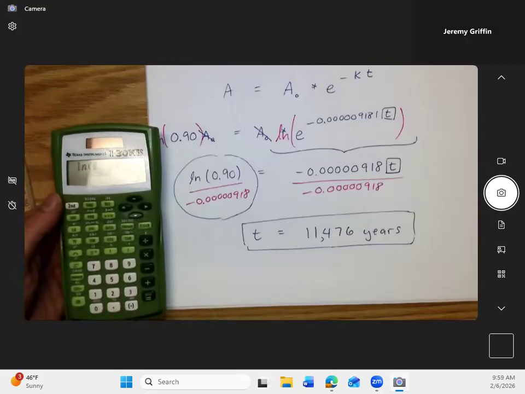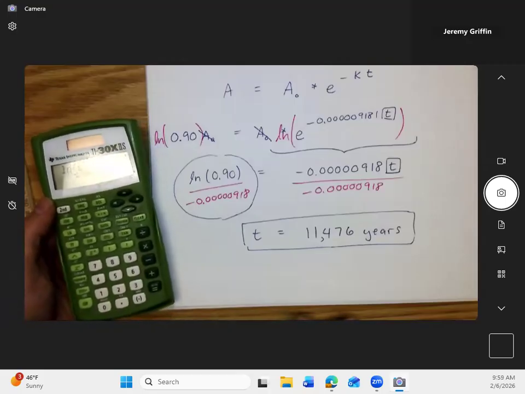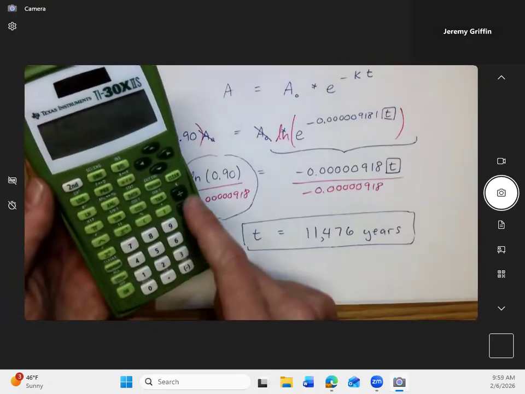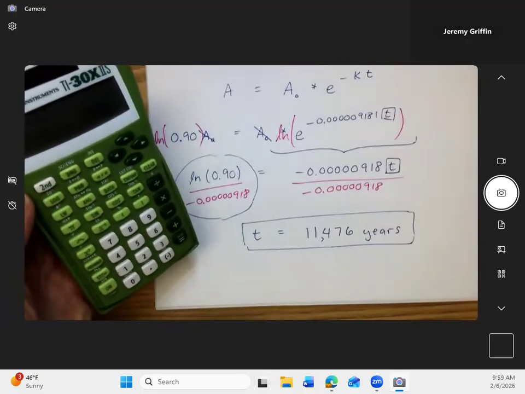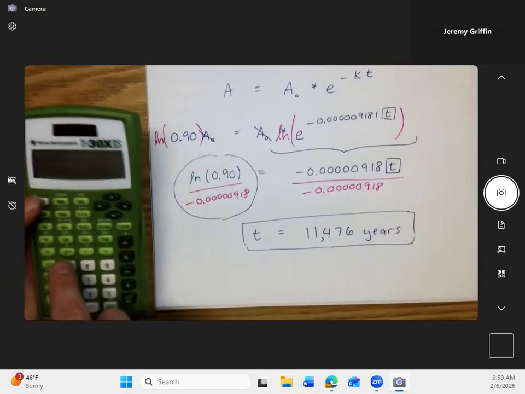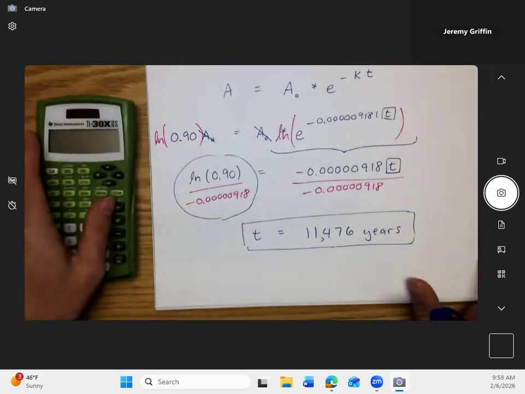You don't go to second, you just hit natural log. Yeah, hit second to get e to the power. Oh yeah, thank you. Alright.